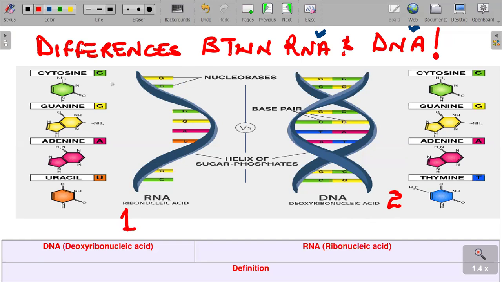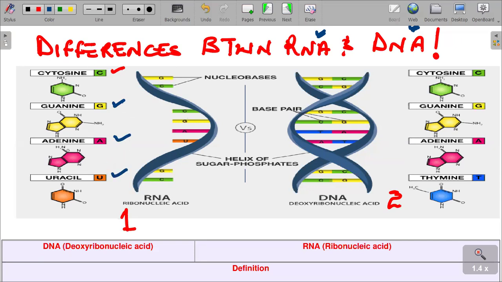So you can see that we are talking about the structure. One thing that we need to understand is that the RNA structure is a single strand, with its nitrogen bases, which are the bases that are there. Like I mentioned in the first place, we have cytosine, guanine, adenine, and uracil.